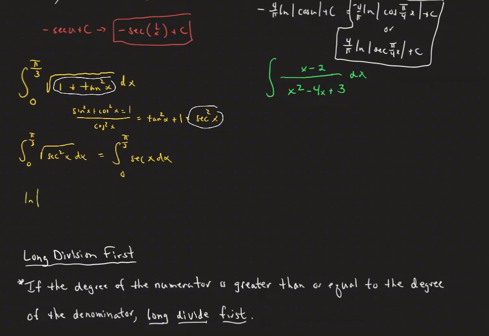This is a hard one to remember. We know the derivative of secant is secant tangent, so the integral is also going to have secants and tangents, but it's going to be the natural log of the absolute value of that.